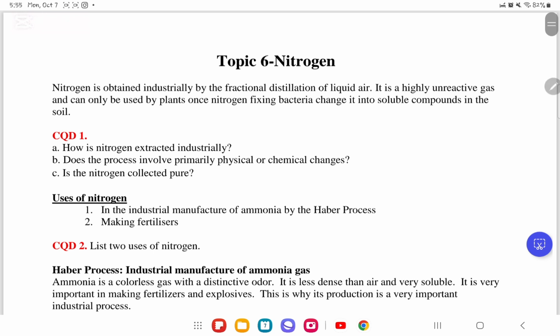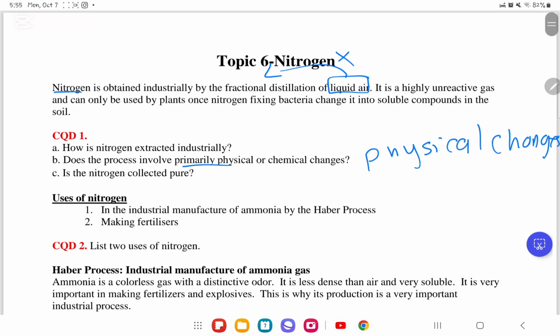Now part B. Does the process involve primarily physical or chemical changes? Are we changing the composition of liquid air in the process of fractional distillation? No, we're doing physical changes. So we say the process involves physical changes.